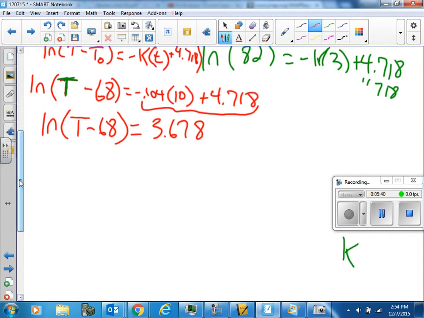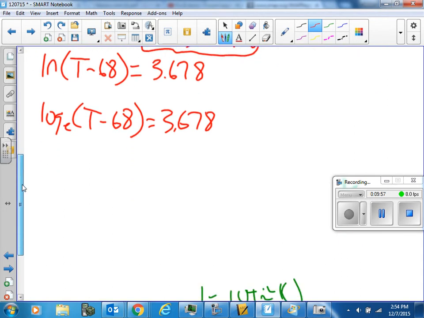And now we just have a relatively simple logarithmic equation. Remember, ln is log base e. So we have log base e of T minus 68 equals 3.678. Remember, this is in log form. We can change it to exponential.